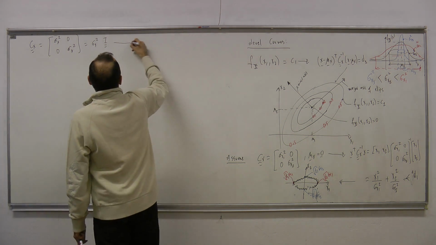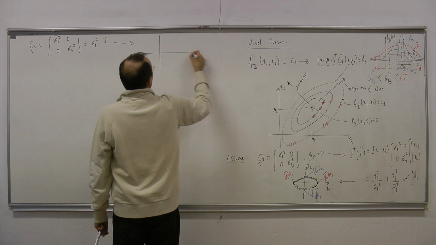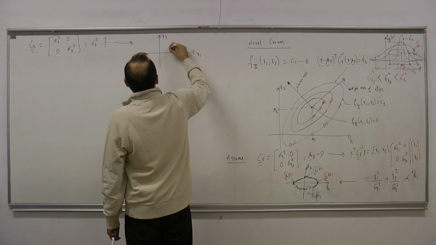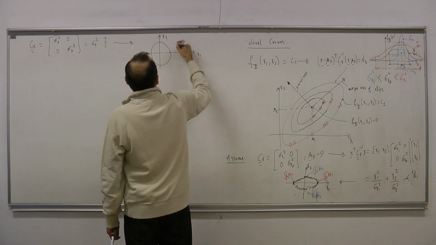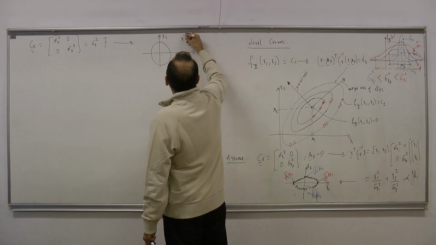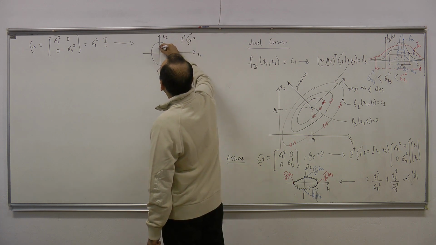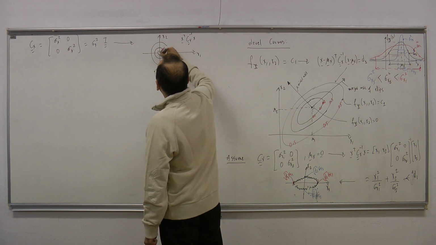Now, if this is the case, what are the level curves? They are just circles at the origin, as you see.